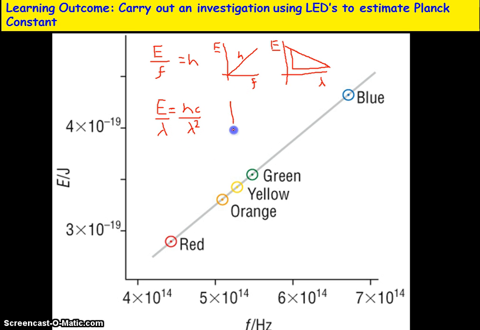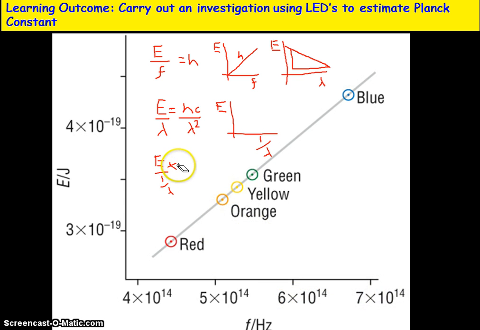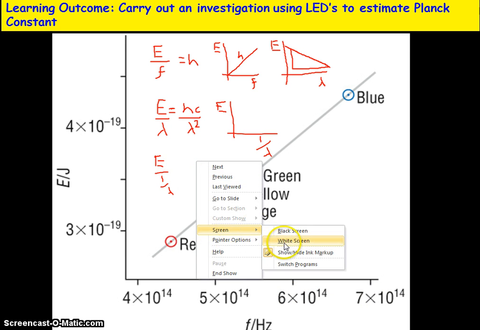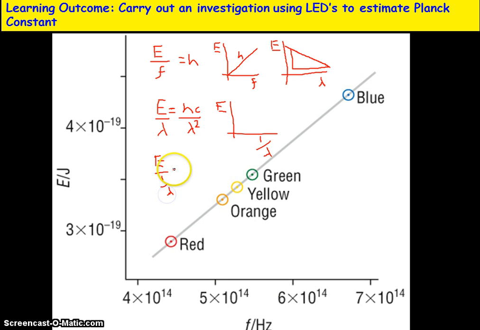If you did a graph of E against 1 over lambda, so E divided by 1 over lambda would be equal to E lambda, which is equal to hc.